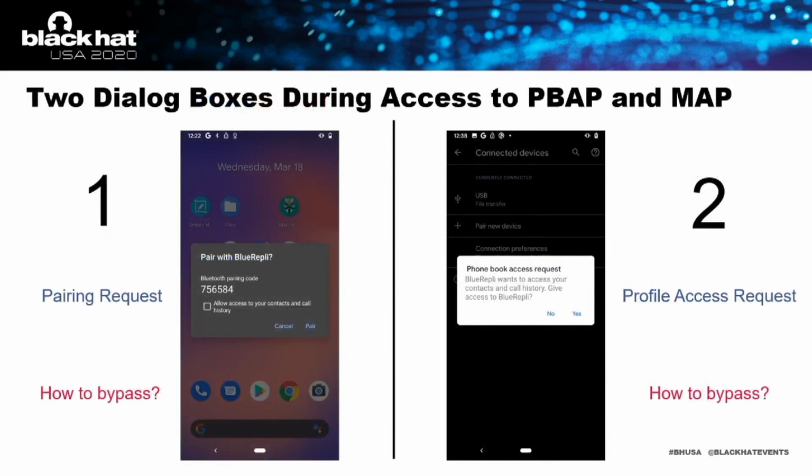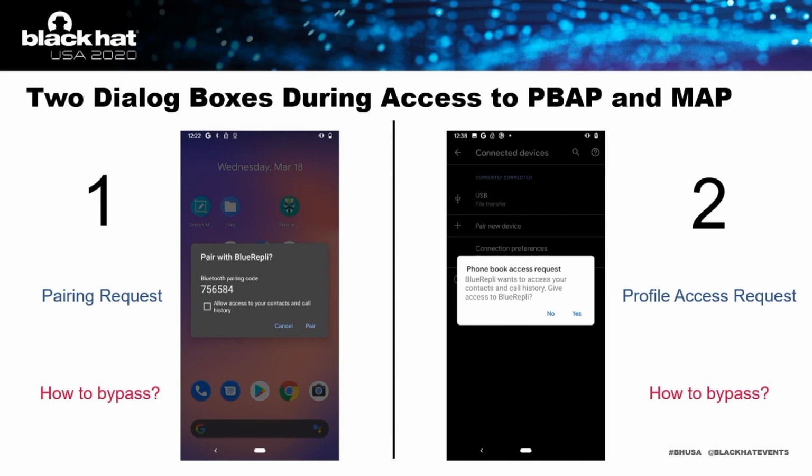For normal use, when we access the PBAP or MAP of a remote phone, it will pop up two dialog boxes. The first dialog is a pairing request. After the user agrees to pair, the Android phone will pop up a PBAP or MAP access request dialog.